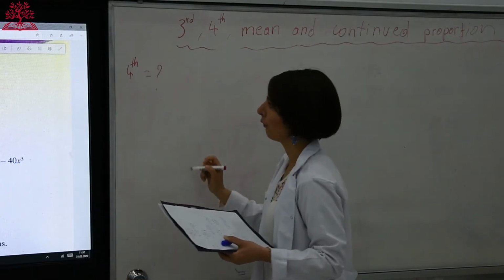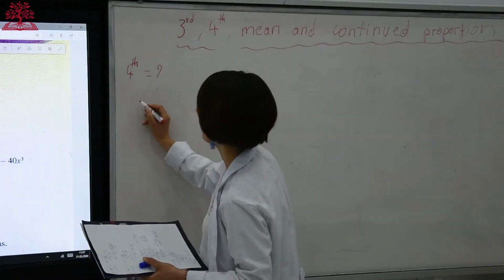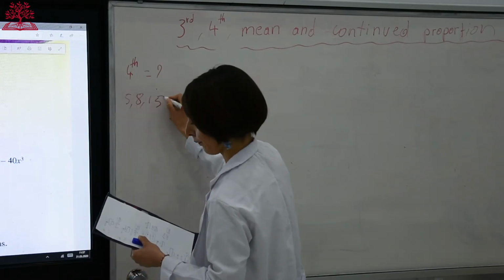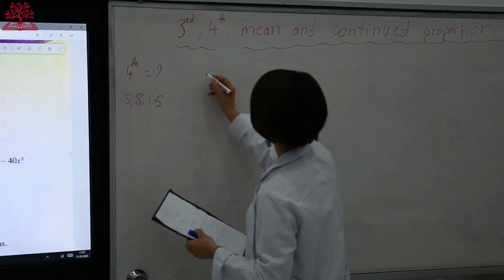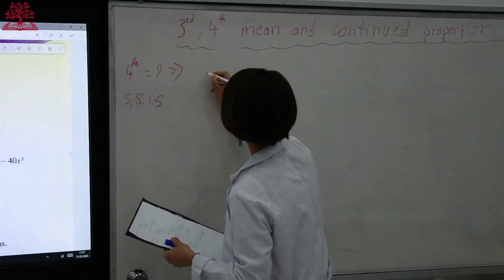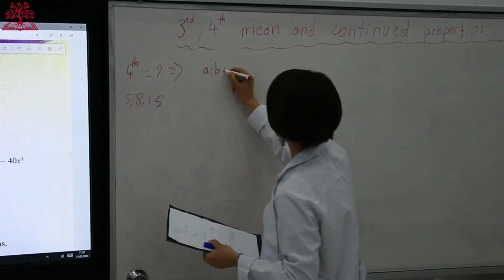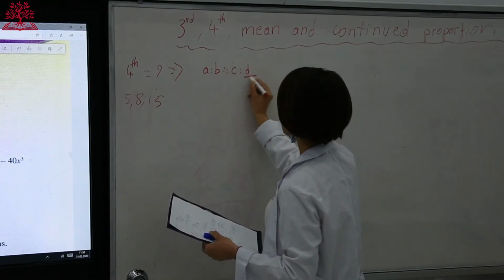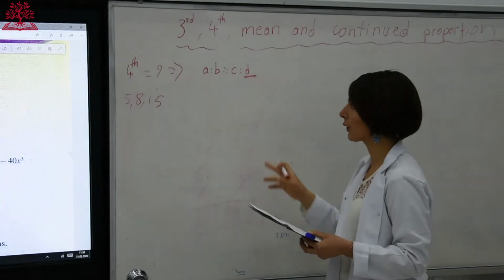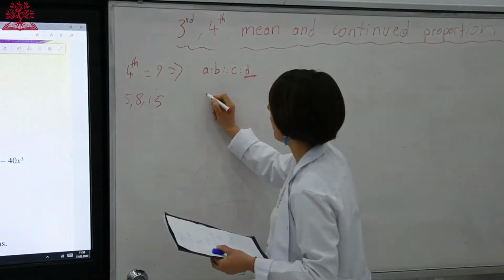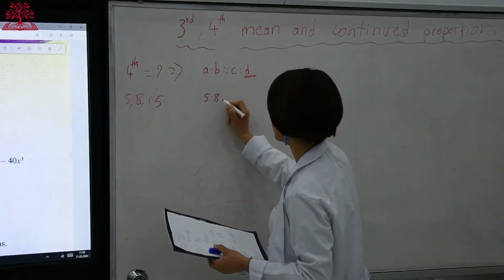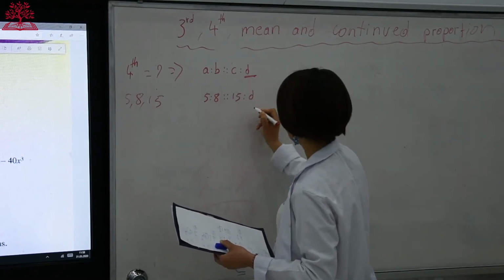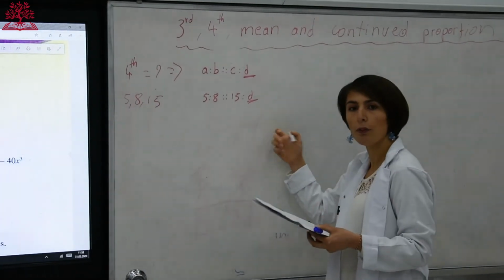So I have to find the fourth proportional, and I have 5, 8, and 15. So in this case, I know the form is A to B equals C to D. So D is my fourth proportional, so I have to find the D. So I have to write 5 to 8 equals 15 to D. I have to find the D. This is my fourth proportional.